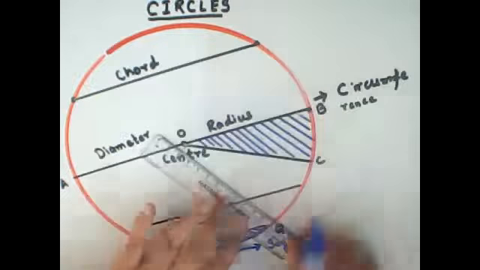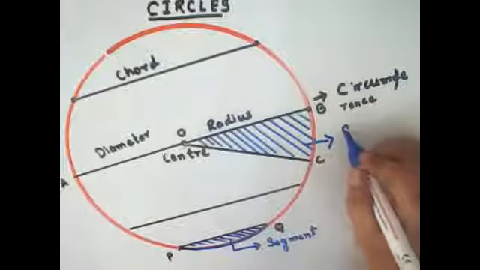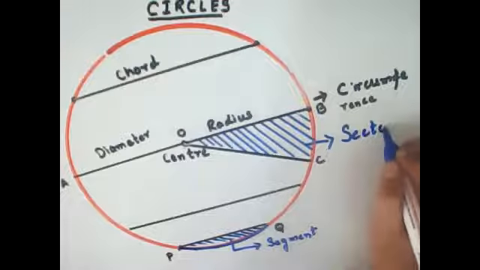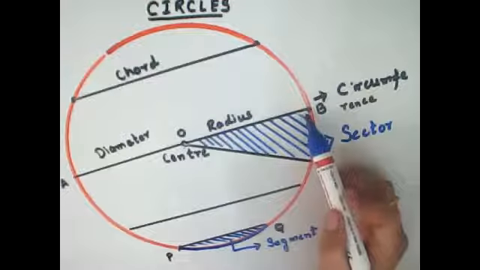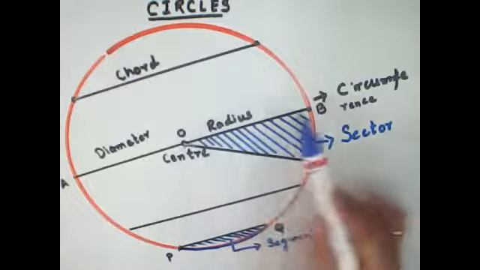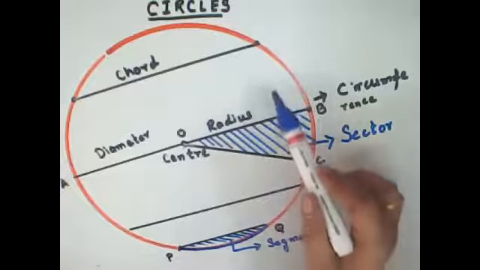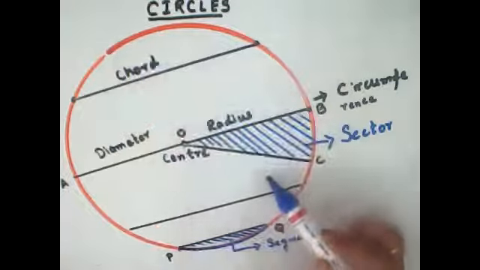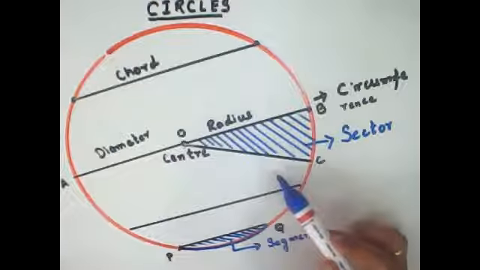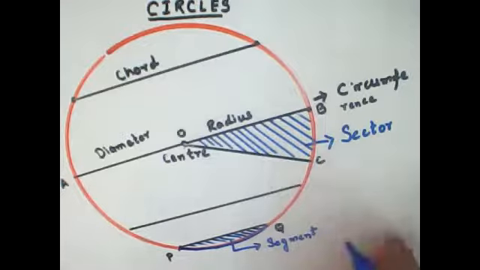As we have minor and major segment, similarly we have minor and major sector. This area OBC, which is bounded by OB and OC and the arc BC, is the minor sector, and the remaining area of the circle is called the major sector of the circle. So these are the parts of the circle which you have already learnt in your lower classes.